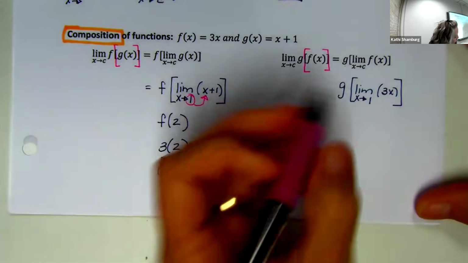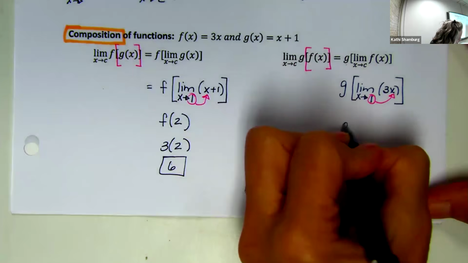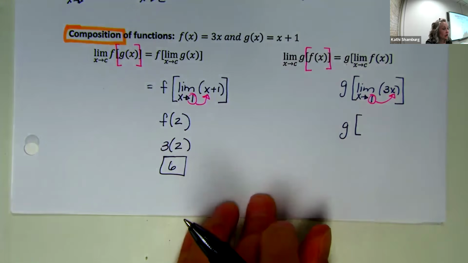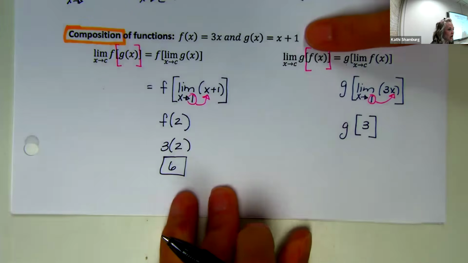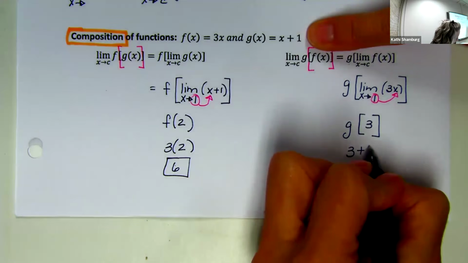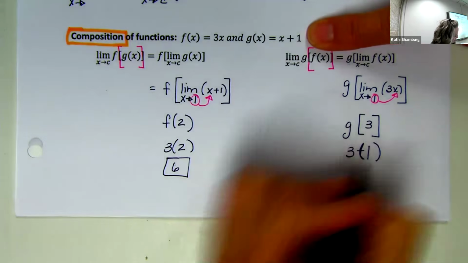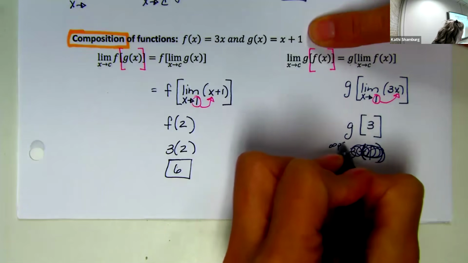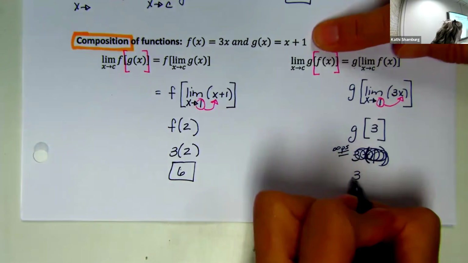So then I'm going to direct substitute, and when you direct substitute, you drop that limit notation. 3 times 1 is 3. So then I'm going to go to my g function. Whoops, no, sorry, I was looking up here. Here's my g function. So I was right the first time.